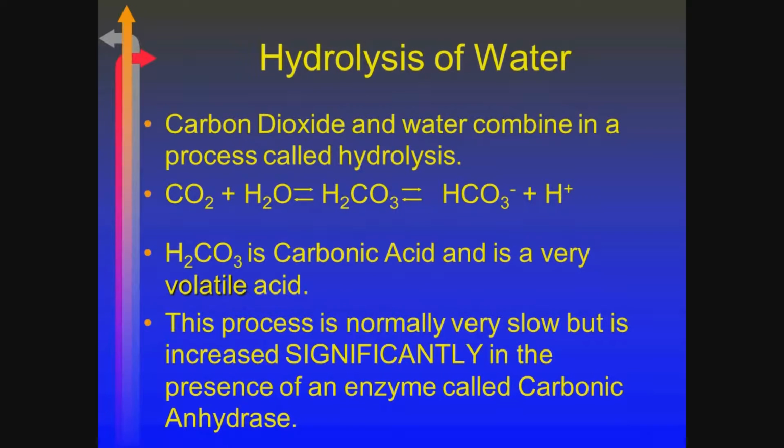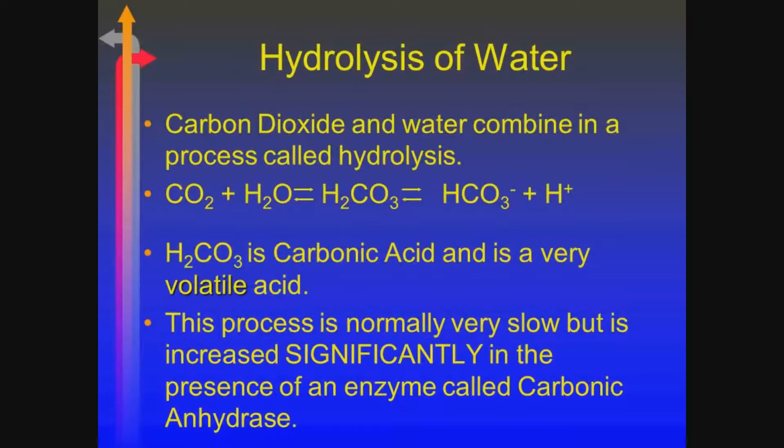Carbonic acid then dissociates into the bicarbonate ion and the hydrogen ion. We're going to call carbonic acid a very volatile acid, meaning it doesn't like to stay as H2CO3. It would rather go one way or the other, depending upon the location that we're talking about.